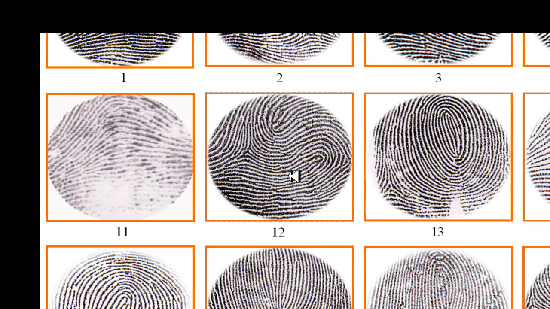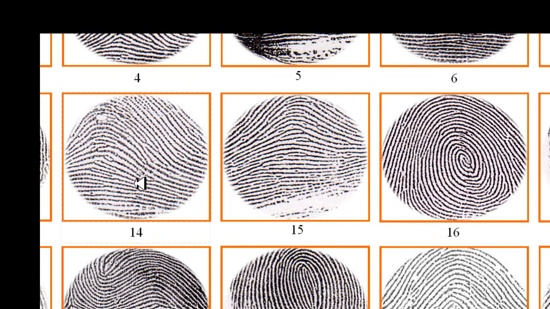It's almost the opposite of this pattern in that there are a number of things going on here, none of them consistent with the plain arch. And this would be, of course, disqualified as being an arch. We may not know what it is yet, but we know it's not an arch pattern. Moving over to number 13, the same thing. We have something different going on. And this cannot be considered a plain arch.